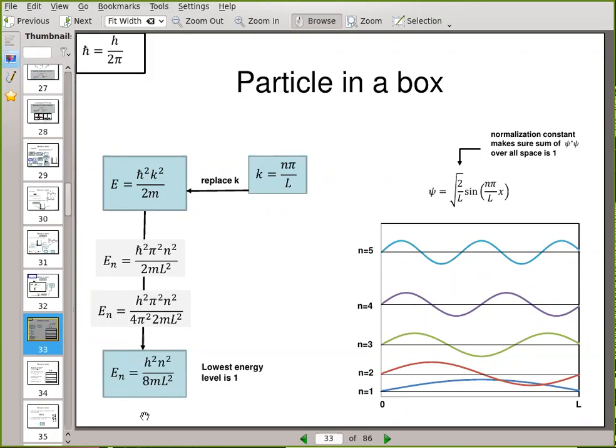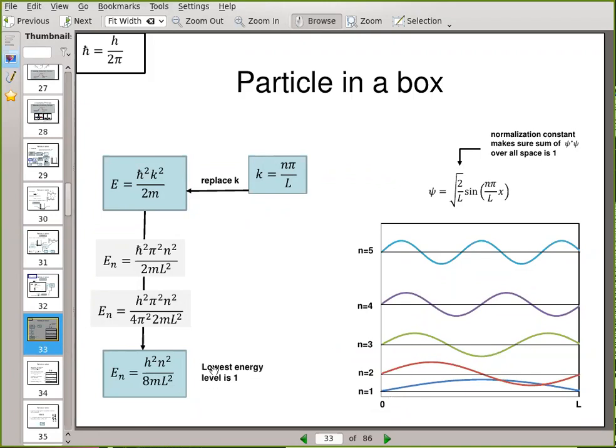When we compare our two ways of looking at the system, one with the Schrodinger wave equation, one with the requirements for the sine function, we get a value for energy that is dependent on whatever n you chose. And the lowest energy level is 1 in this case.